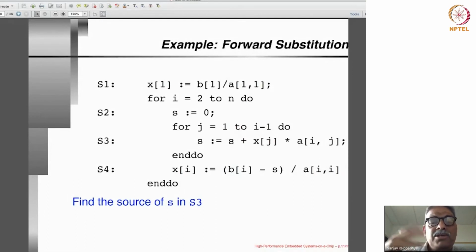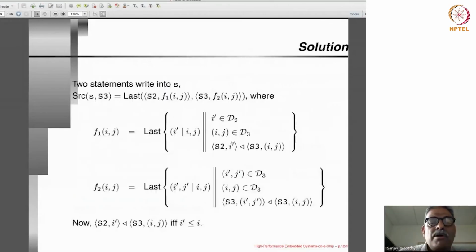So let us consider each one of those candidates one by one. Okay. So the source of the reference S in statement S3 is the last one out of these two candidates, two possible solutions.